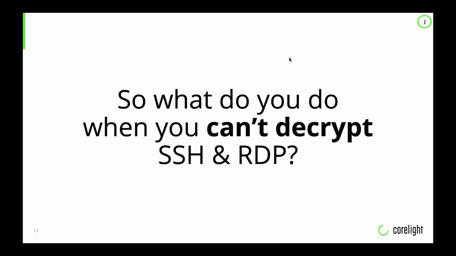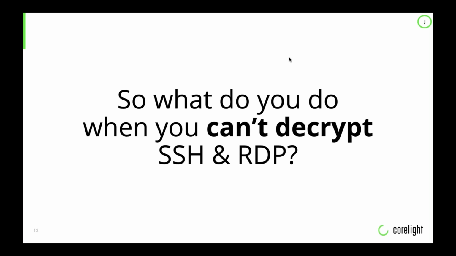Okay, so the topic of today's conversation is, so what do you do about this when you can't decrypt these connections? Because SSH and RDP, again, are by default encrypted protocols. So what happens when you can't break and inspect these connections? For a variety of reasons, that may be true in your particular environment.